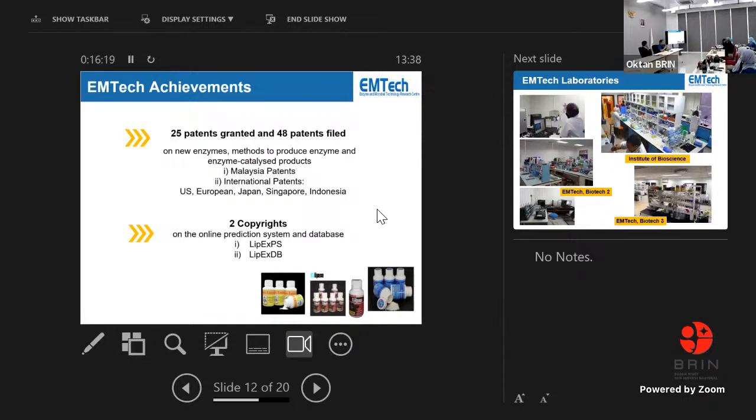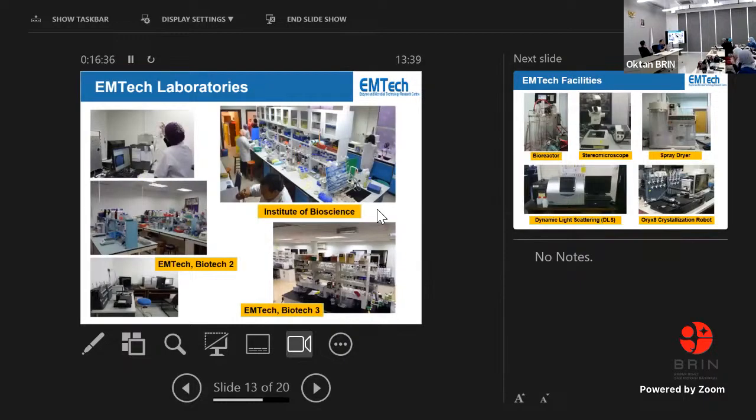In terms of intellectual property, there are also copyrights, trademarks, and patents. These are types of intellectual property that we are interested in. Hopefully in the end, talking about commercialization later on, this shall be one aspect if you want to go to licensing and many more.